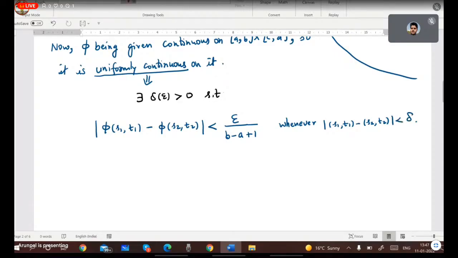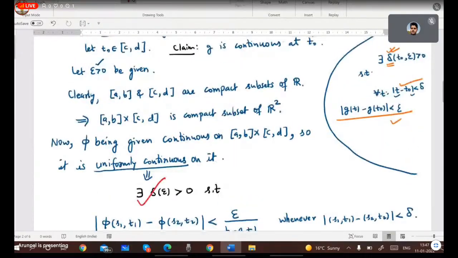So actually, it is this delta which we are getting from the uniform continuity of phi which will serve our purpose.